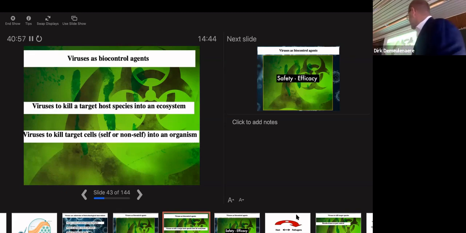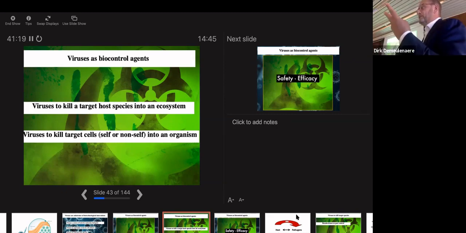There is a more complex situation that I will address also, which is to use viruses to kill target cells in an organism. So here, you want to destroy specific cells in an organism, which is also composed of cells. And for the cells that you want to kill, there are two possibilities.